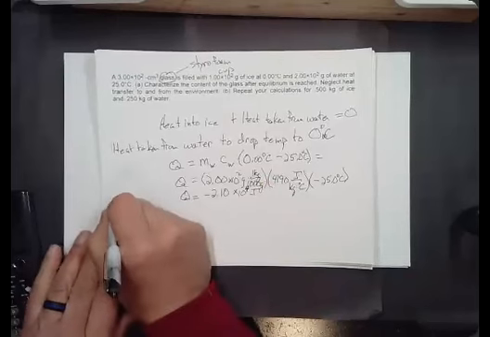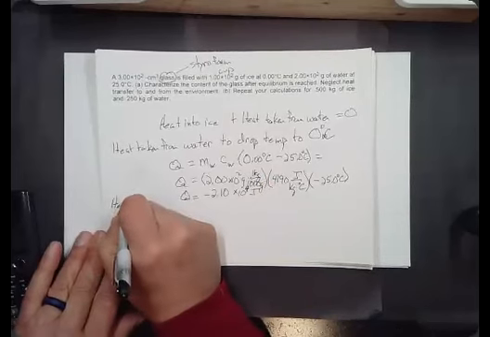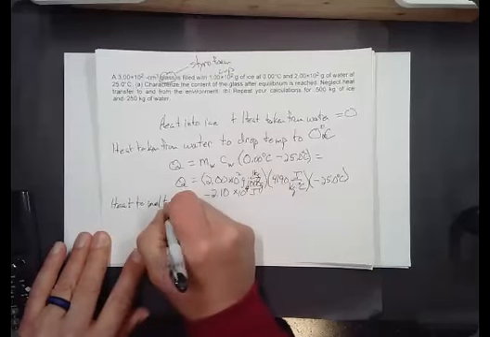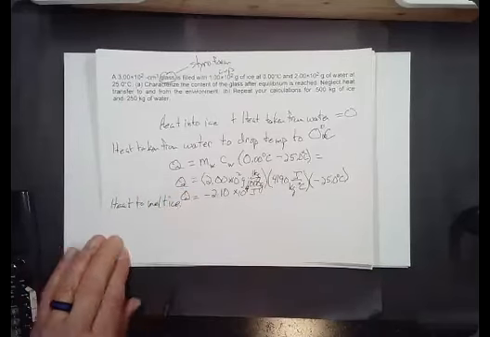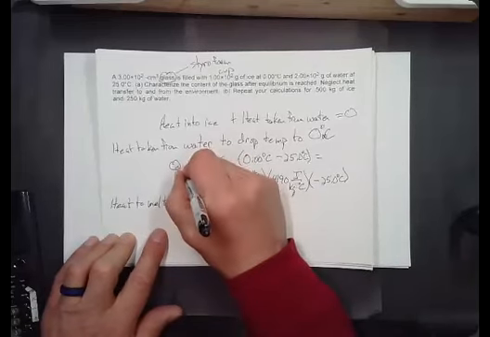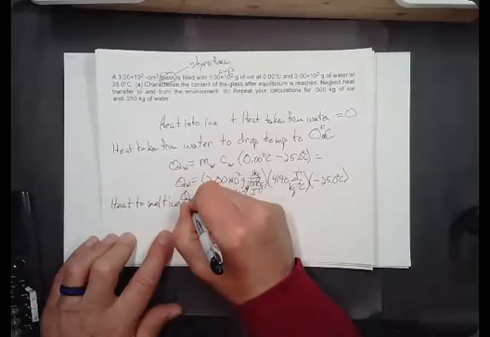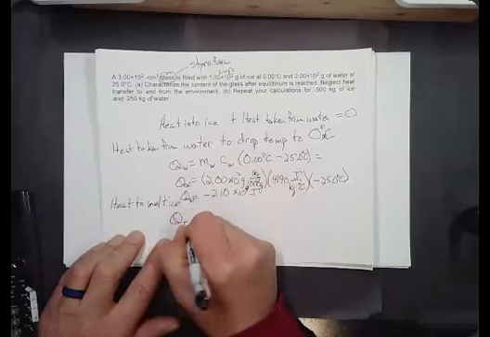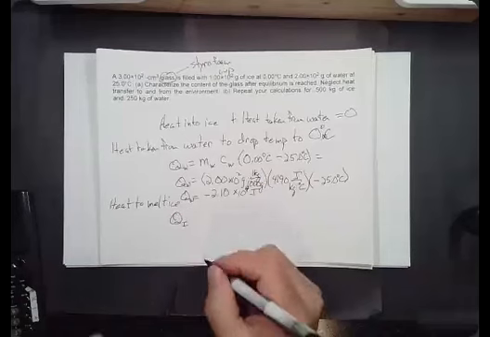Now, the heat to melt the ice, okay, let's see. I'll call this Q sub W. Heat to melt the ice. This is the way it works when you're having a phase change.